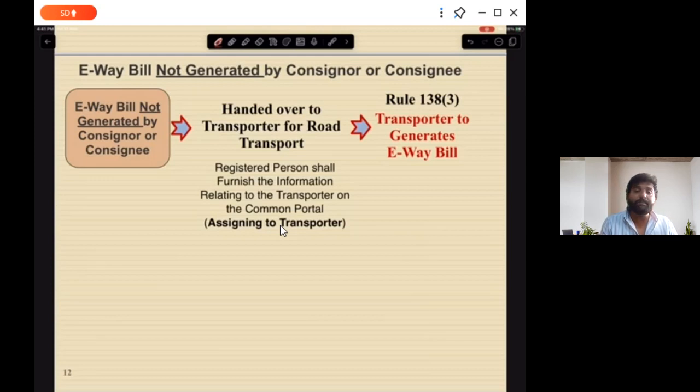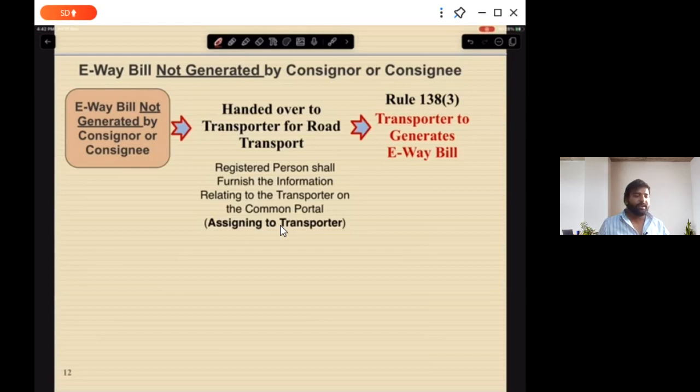What I will do is I will only prepare part A and I will assign my part B to the transporter. तो मैं part A भरूंगा और पार्ट ए में ट्रांसपोर्टर की आईडी डाल दूंगा, तो पार्ट बी मुझे नहीं भरना पड़ेगा, पार्ट बी फिर ट्रांसपोर्टर भर सकता है। So in case I don't know the vehicle number or the exact transporter ID and exact document number, I can only file part A and I will assign part B to the transporter.